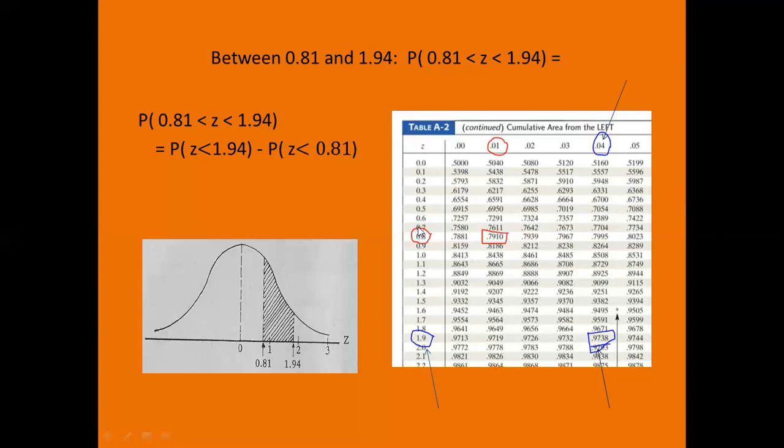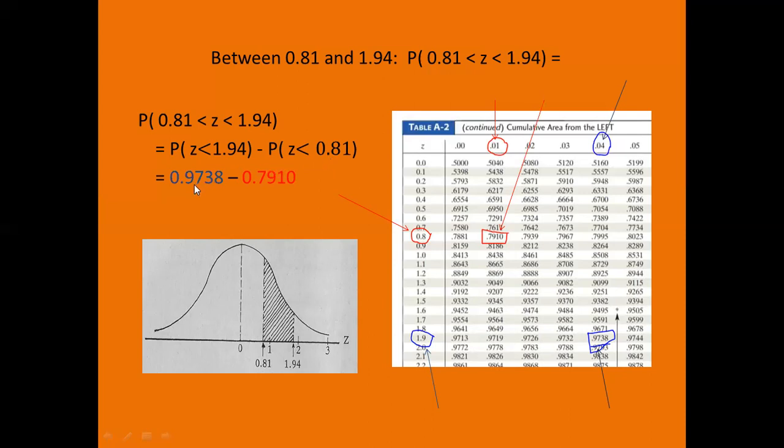Okay. Minus, hanapin po natin itong 0.81 na area. So, sa first column, we look for 0.8. Yan. And then, dito is 0.01. Kasi nga yung hundredths place niya is 0.01. Okay po. And then we get the intersection. That's 0.7910. So, magiging solution po natin is, we subtract this, itong sa 1.94 na area, minus yung sa area ng 0.81.